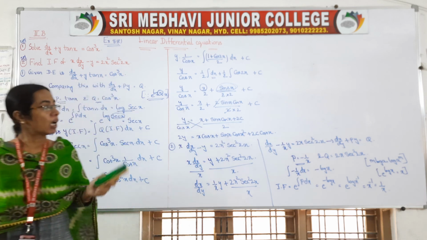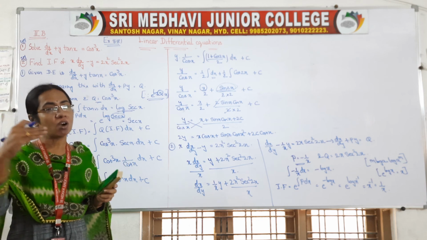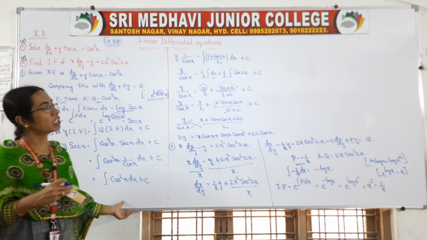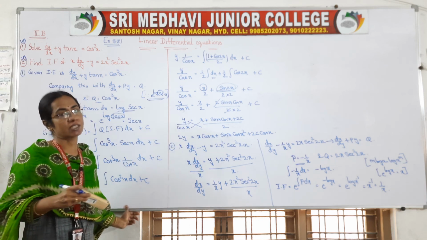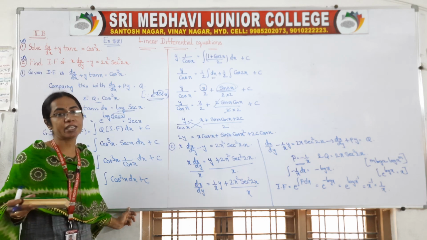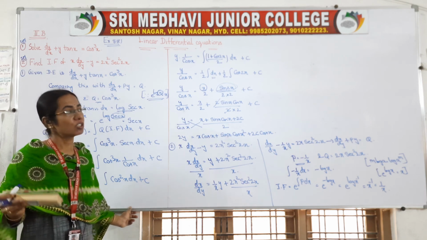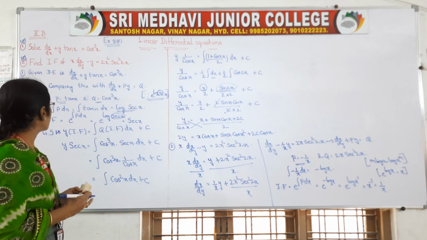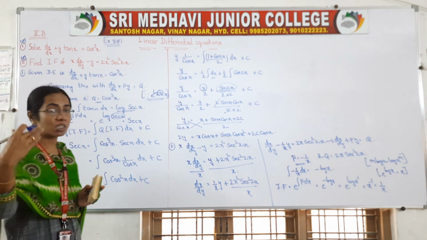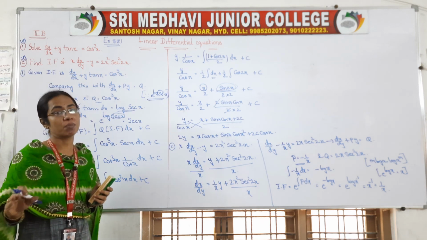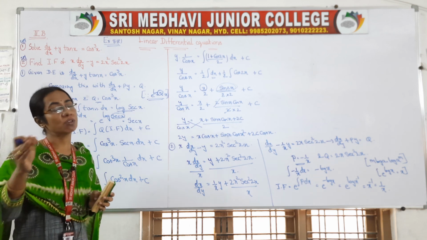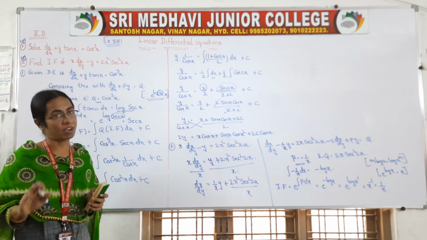So observe the problem. Many selected questions are there from this exercise on linear differential equations. If the equation is not in linear form, we have to transform it into linear form. Only if it is in linear form can we find the integrating factor.